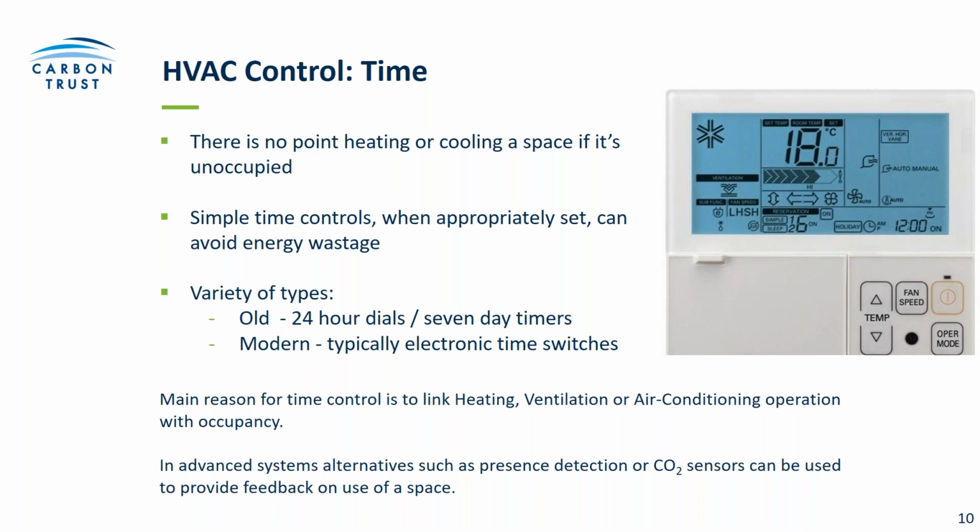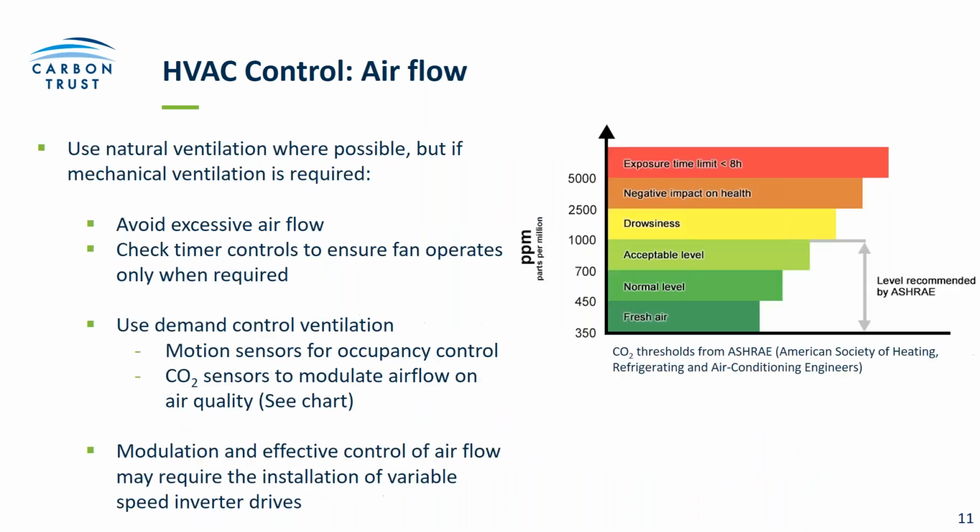And in larger systems, it's often beneficial to link to more intelligent presence detection through CO2 sensors, and that can provide feedback on the use of a space. So essentially, through the use of CO2 sensing, you're able to determine how many people are in a space.